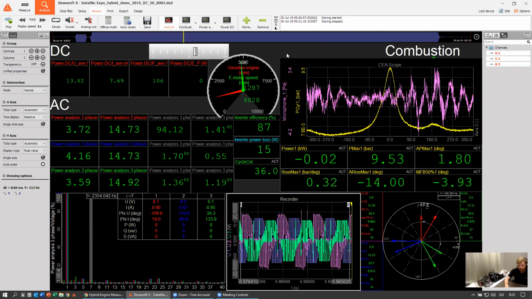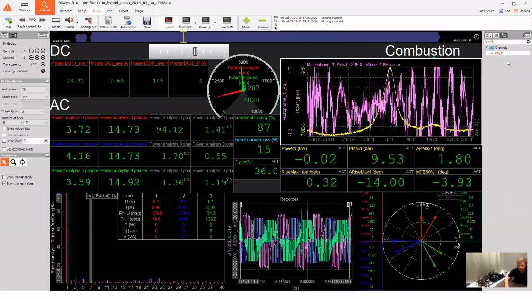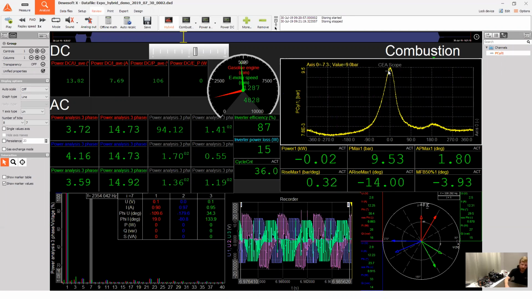And here on this side, you can see a complete combustion analysis. We have measurement of the cylinder pressure in the angle domain. Here, the cylinder pressure might seem a bit strange, and that is because we are only measuring compression and expansion without any combustion in the cylinder.